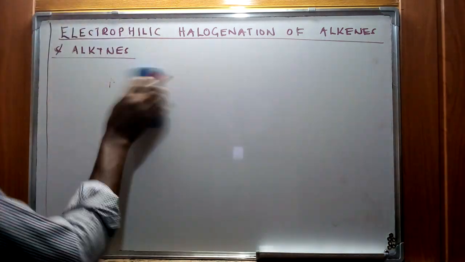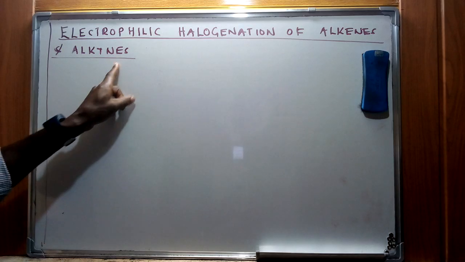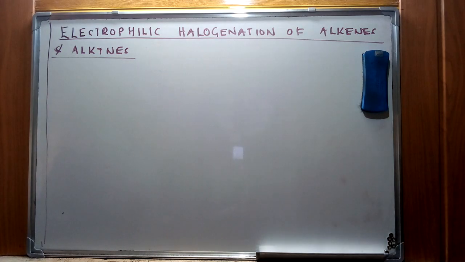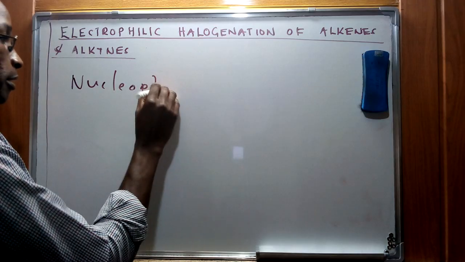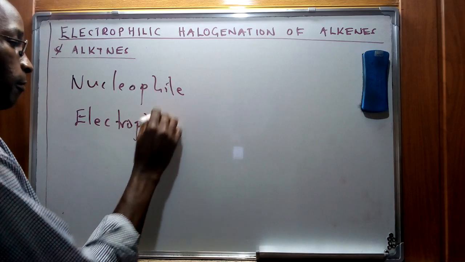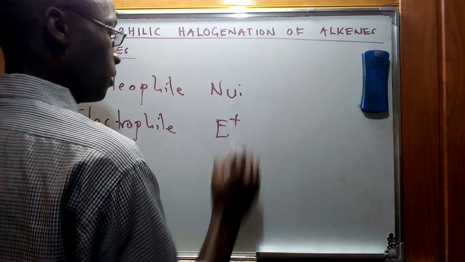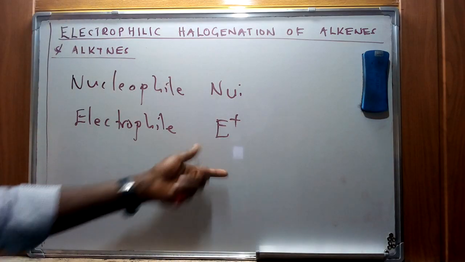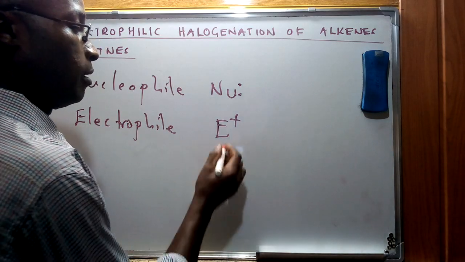Now, if we give this a historical context, there are some priorities that we're going to consider whenever we talk about this halogenation reaction, which is an addition reaction. Later on, we're going to see the effect of what we refer to as a nucleophile and an electrophile, which I've defined in some of our videos and given initials for those particular symbols. From the concept of a charge, this is an electron-rich species, while this is an electron-deficient species.